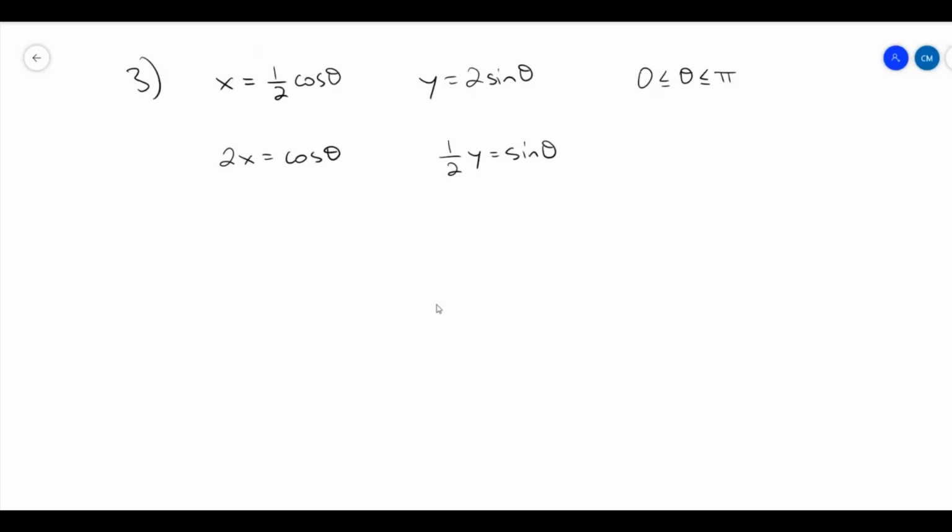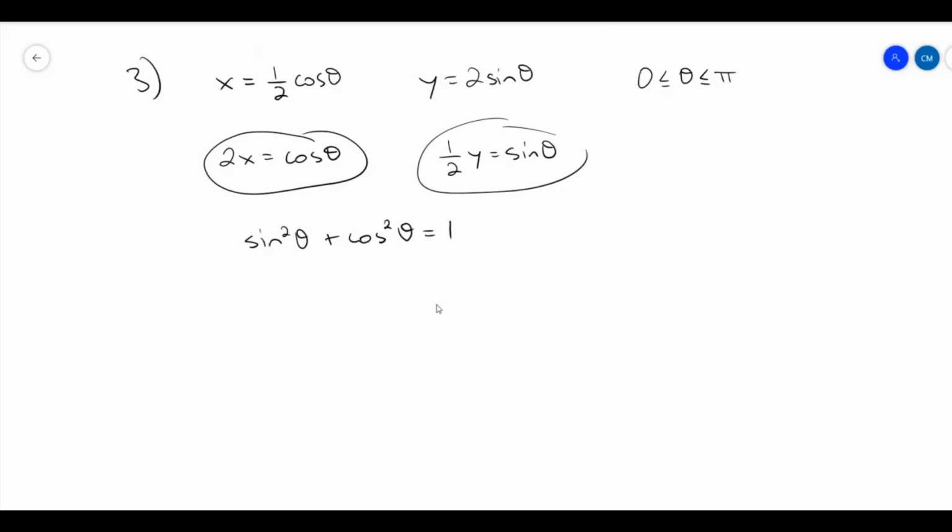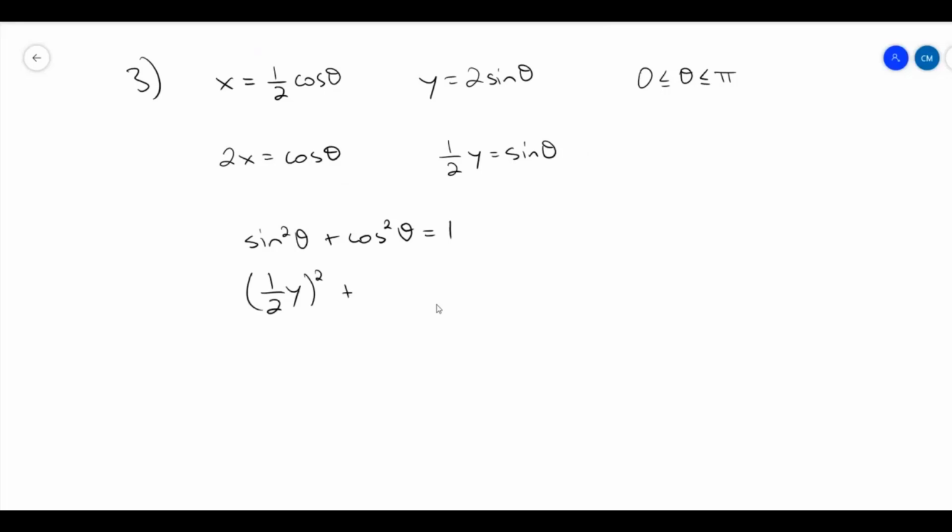And then what I'm going to do is remember our most important trig identity: sine squared theta plus cosine squared theta is equal to 1. But since I've defined cosine theta to be equal to 2x and sine theta to be 1/2 y, I can just replace those with what they are, right? Sine theta is 1/2 y, so (1/2 y) squared, plus cosine squared theta, (2x) squared.